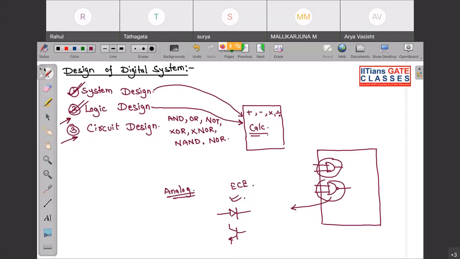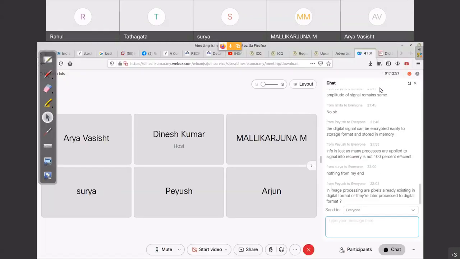Okay. So up till this point, this was all about the motivation of digital system. So you people understood? Are pixels already existing in digital format or are they later processed to digital format? No. First, when you take an image on your mobile phone, there are CMOS sensors.